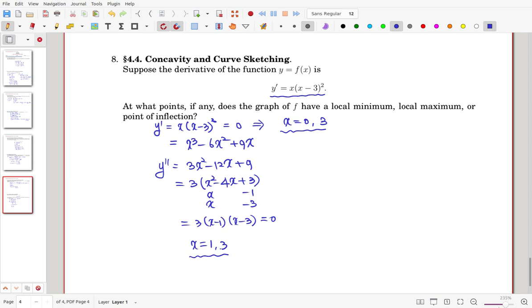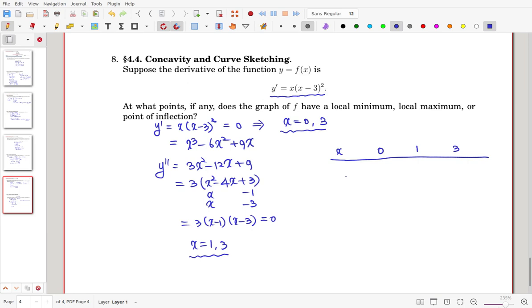Okay, so here, using a table, let's check the behavior of the function. This is the x value, the smallest one. Here the specific points are 0, and next one is 1, and next one is 3.